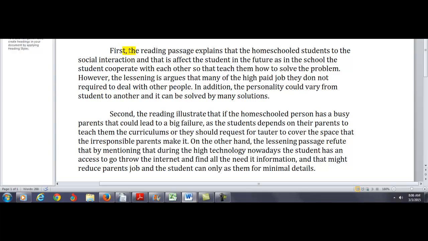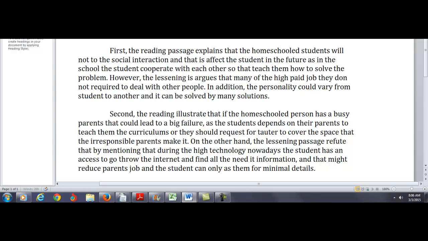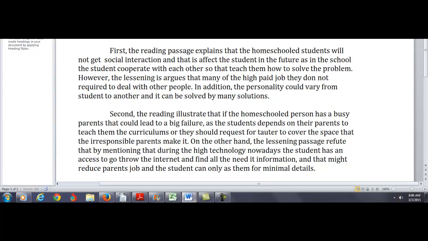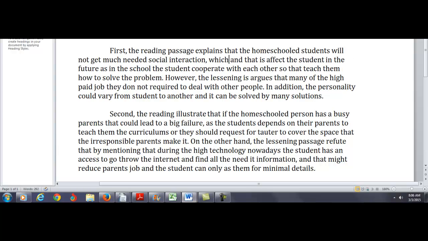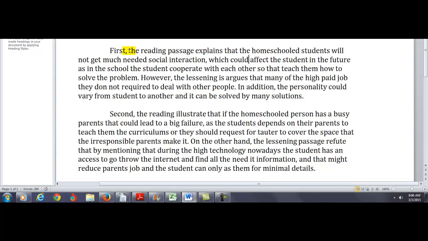So I think there's probably a better word you can use here. You can say they will not get much needed social interaction, which could, you might say, affect the student in the future.